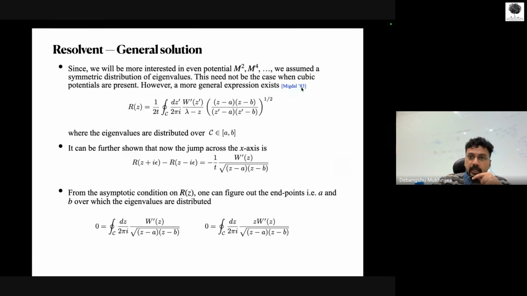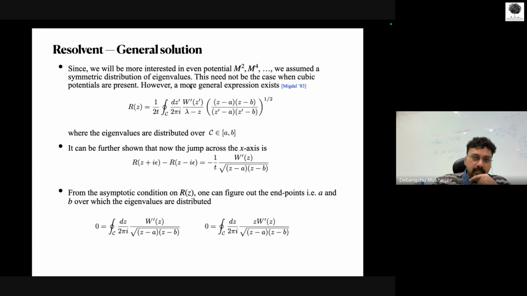But due to Migdal all the way back in '83, we actually have a much more general solution. So, of course, a very important catch is that if we have a cubic potential, so if you have trace of M cubed and so on and so forth, your distribution of eigenvalues need not necessarily be from minus a to plus a. It can be non-trivial. It need not be symmetric around 0.